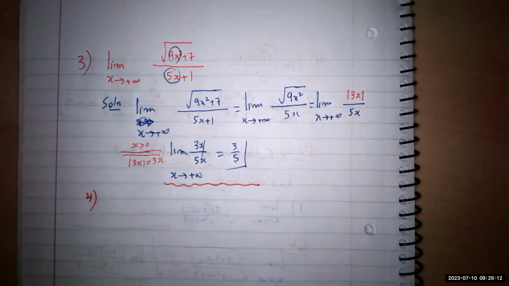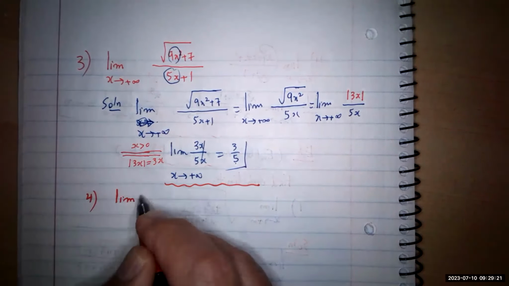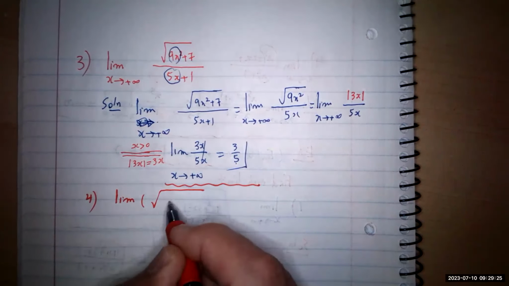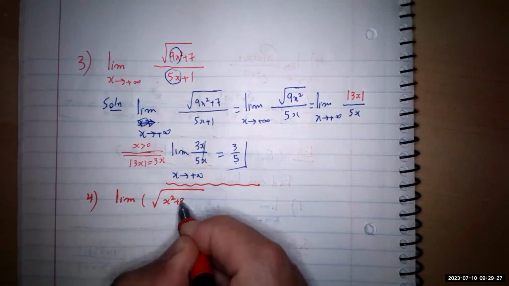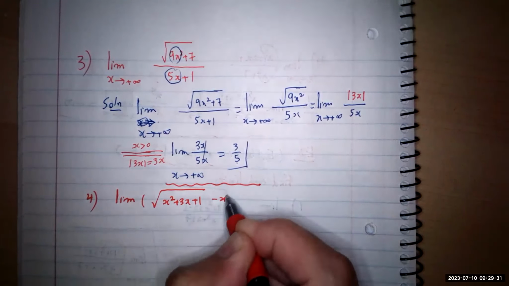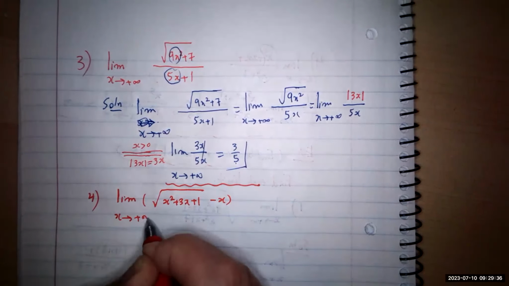That's not bad. You want to find this limit, the limit of the square root of x squared plus 3x plus 1 minus x, and this is as x goes to positive infinity.